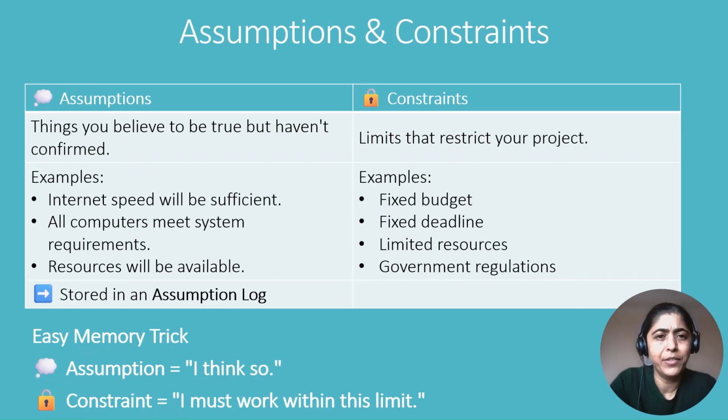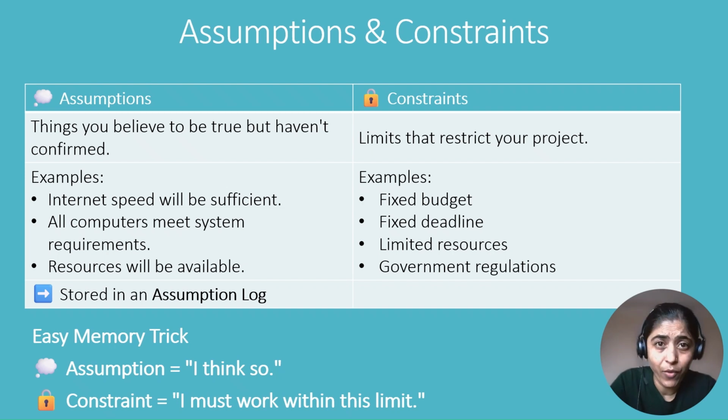Now let's understand assumptions and constraints. An assumption is something that you believe to be true without having confirmed. Since you don't have complete information during planning, you make certain assumptions so the project can move forward. For example, suppose you're planning to roll out new software across the organization. You assume that every employee has a laptop capable of running the software.